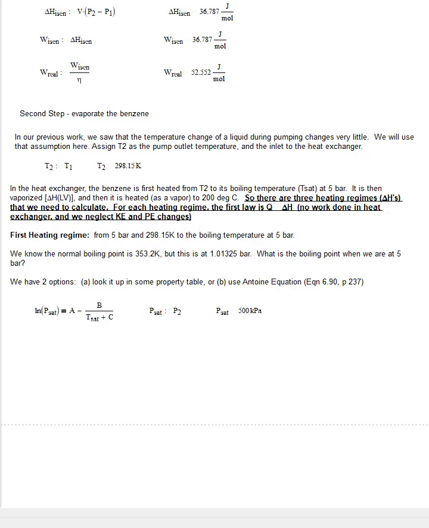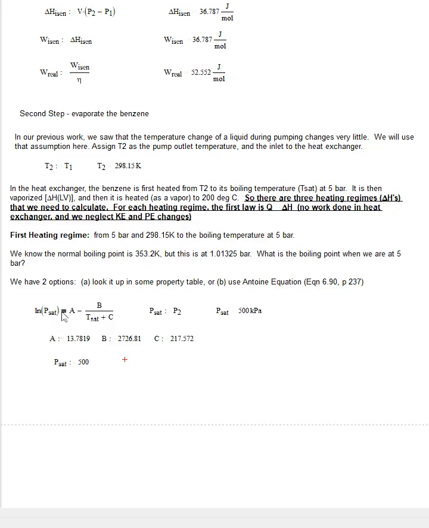We then go to the property table, and we look up these Antoine equation constants. One of the things you have to worry about with the Antoine equation, especially if you're doing your calculations in MathCAD, is that you've got to be careful with your units.